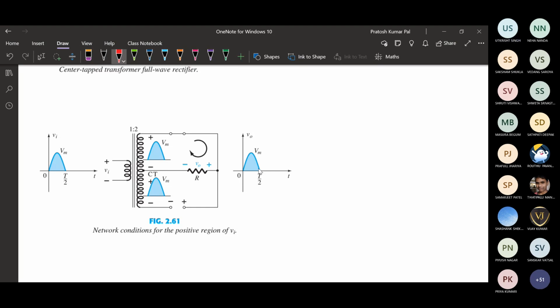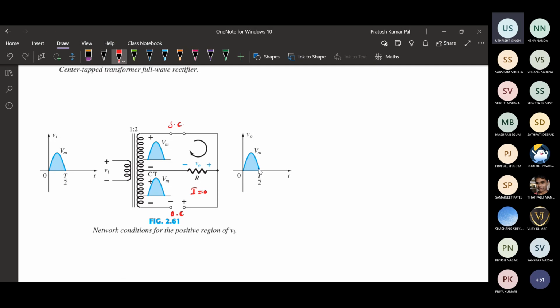Once we apply the positive here, the first diode will be short circuit. The second one has negative voltage applied, so it will be open circuit. If this is open circuit, the current flowing is zero, so that part of the voltage will not be contributing to the output. The only part contributing to the output is the upper part.